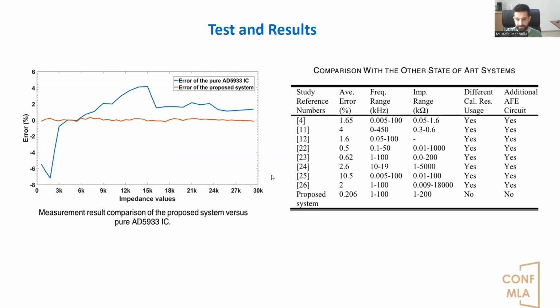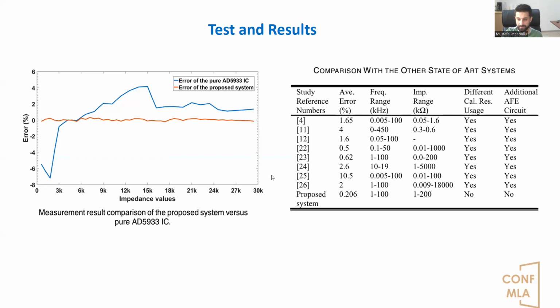The comparison of the proposed measurement system with the other state-of-the-art studies are given in the right-hand side table. It should be noted that the studies given in the table with their reference numbers achieved related error rates by using numerous calibration impedances. However, our system obtained better accuracy measurements with just a fixed calibration impedance.